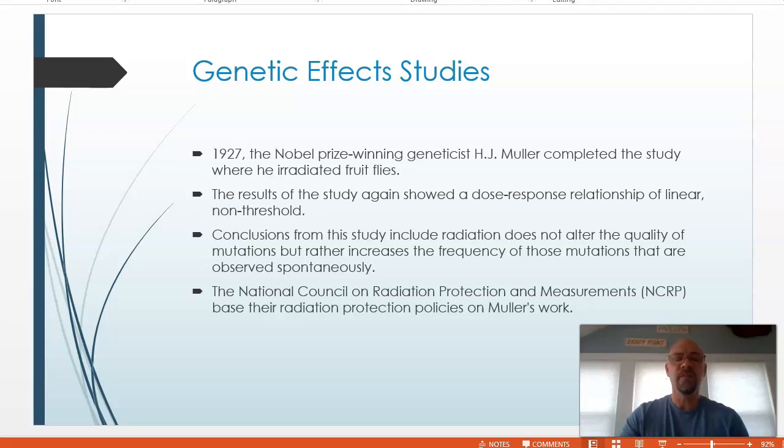Now again, these are fruit flies, but we do equate that study and place it onto humans, and by using those results, the NCRP decides that we do need to protect ourselves against any type of genetic effects from radiation, so therefore they've included it in their guidelines for radiation protection.